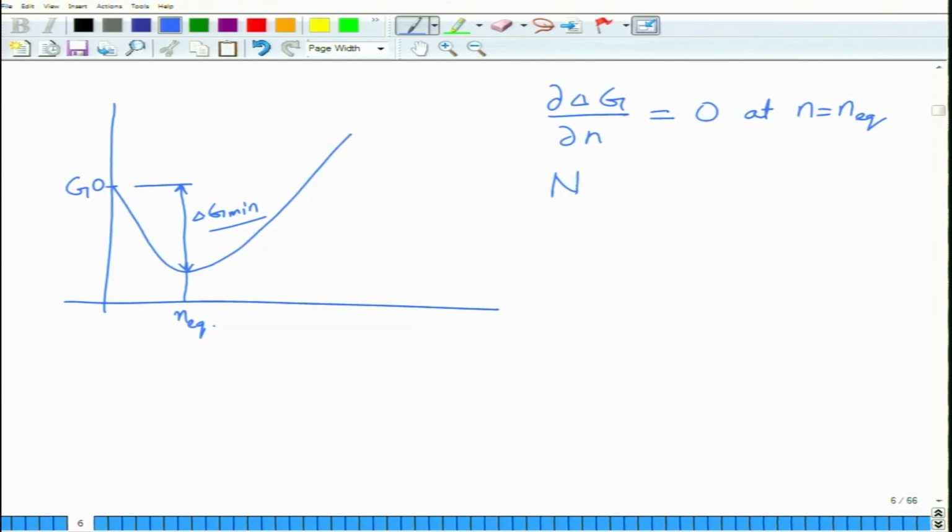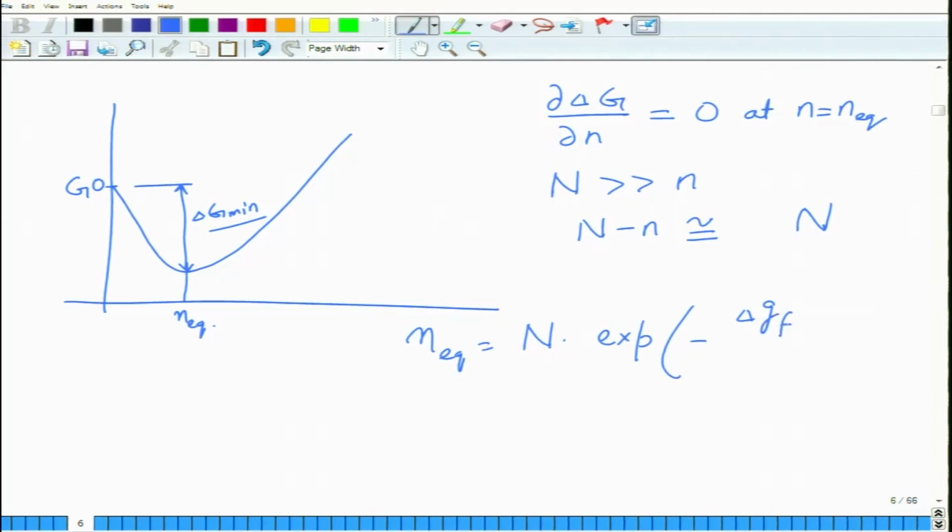And since capital N is much larger than small n, I can say N minus n is equal to capital N. So, if I differentiate the above equation which I showed earlier and apply this condition, what we will get is n equilibrium is equal to capital N multiplied by exponential of minus delta Gf divided by small kT.